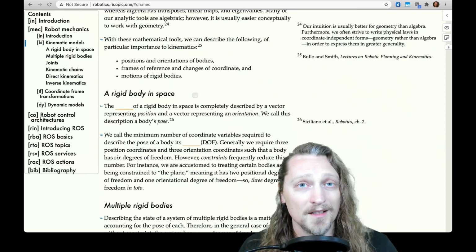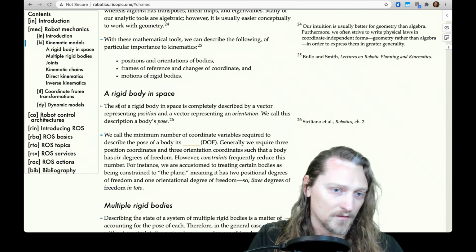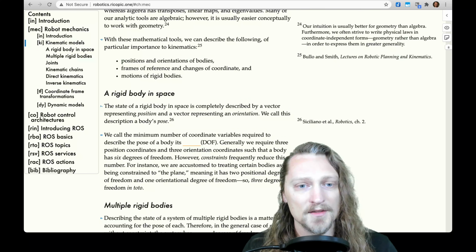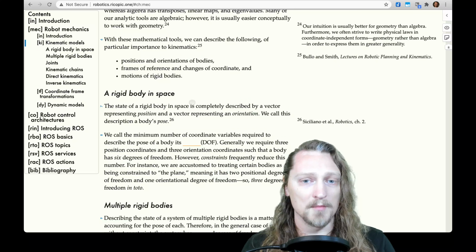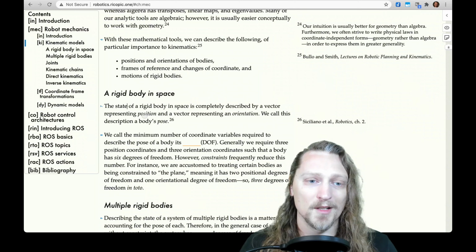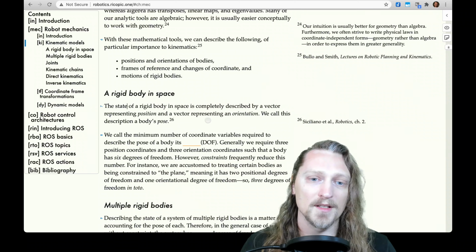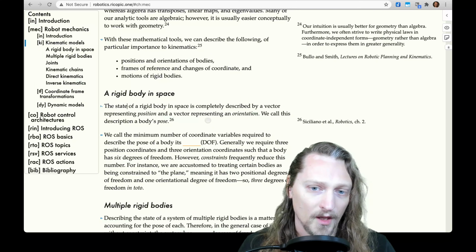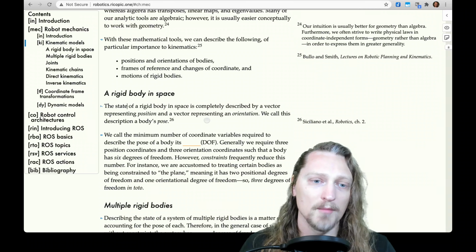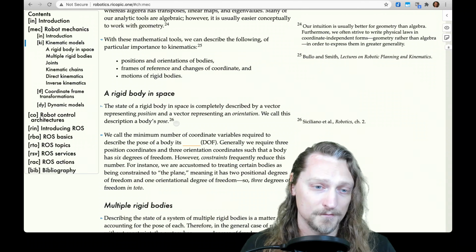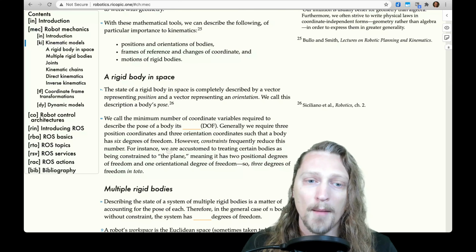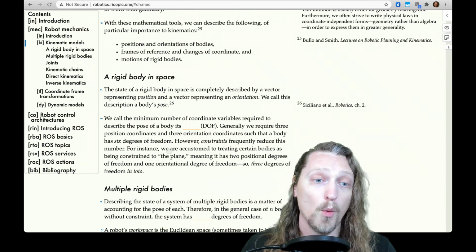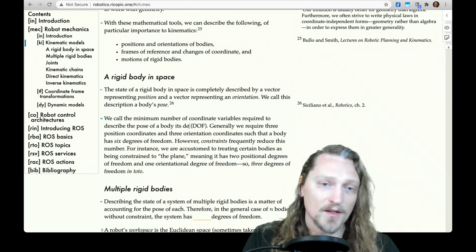A rigid body in space. The state of a rigid body in space is completely described by a vector representing position and a vector representing an orientation. We call this description a body's pose. We call the minimum number of coordinate variables required to describe the pose of a body its degrees of freedom.